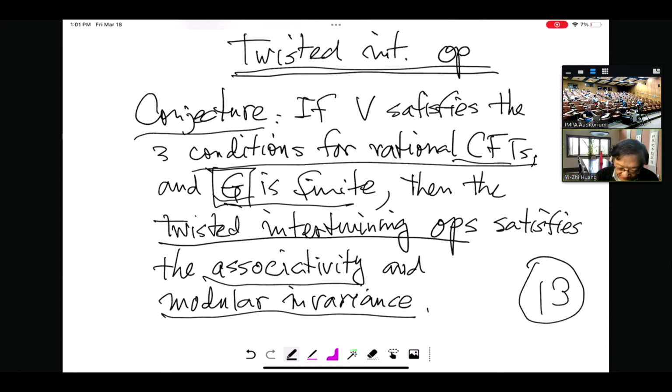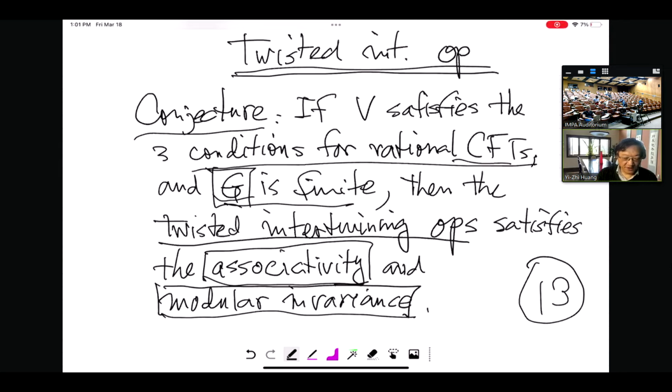yet. When we discuss associativity, first we have to have the convergence. And also for modular invariance, we also have to have the convergence. So even the convergence, I do not know how to prove. The main difficulty is the following.